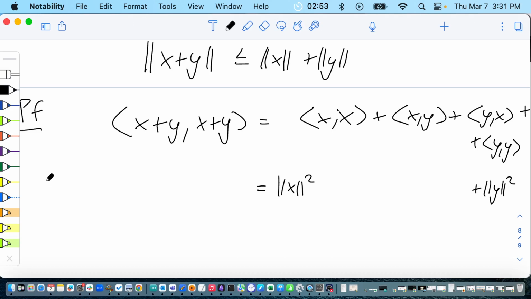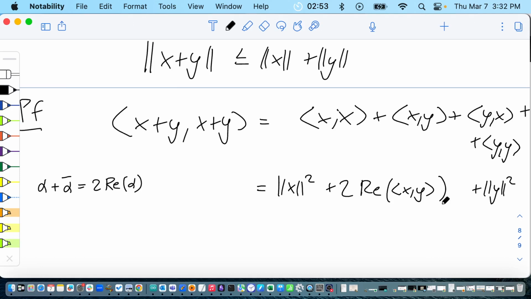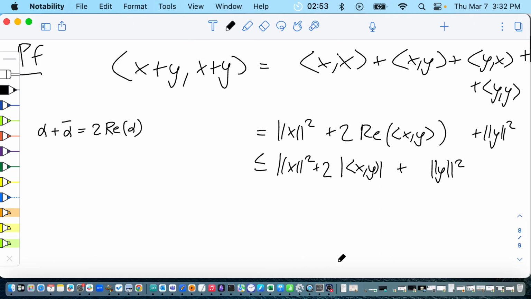And there's a formula, I guess maybe you need to know: alpha plus alpha bar is twice the real part of alpha, right? This might be a familiar one. The complex parts cancel out, right? One of them comes with a plus i, one of them comes with a minus i. They destroy themselves, you're left with 2 times the real part. So plus 2 times the real part of xy. Okay. And the real part of xy is definitely less than the absolute value of xy. So less than x squared plus 2 times the absolute value of xy plus y squared. The real part is less than the absolute value. And now this thing is x plus y.